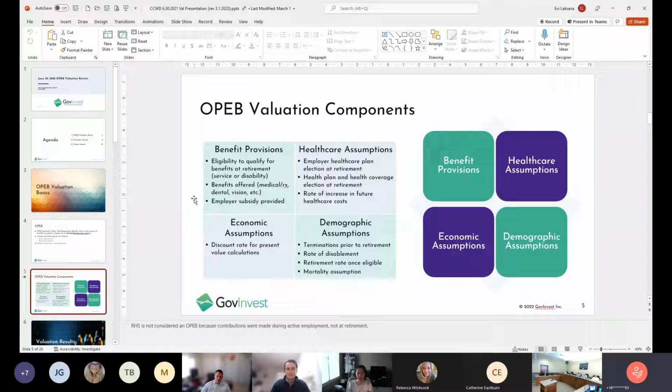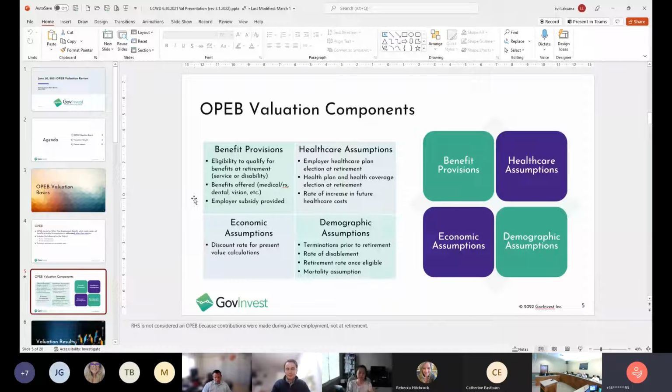The second one is healthcare assumptions. Because we are valuing essentially health benefits, we have to project the healthcare costs. So we have a rate of increase in future healthcare costs. And then we need to make an assumption as to what healthcare plan an employee can elect at retirement.